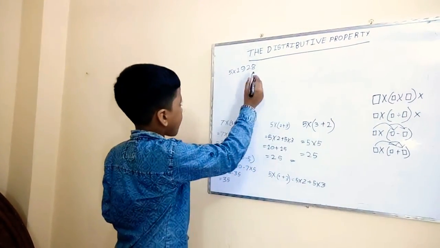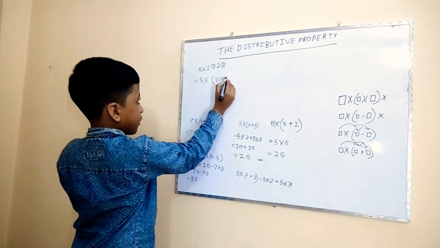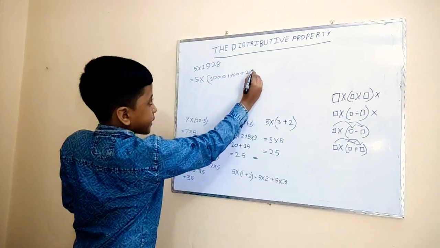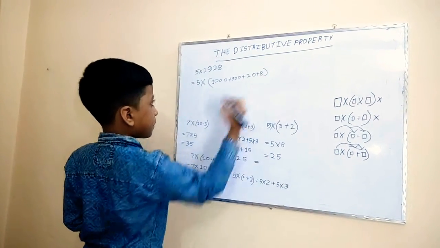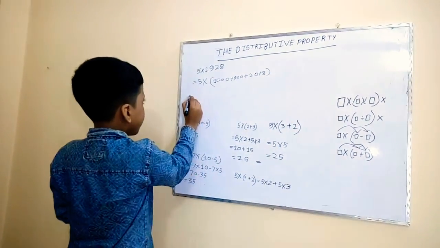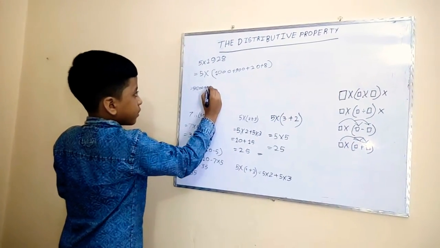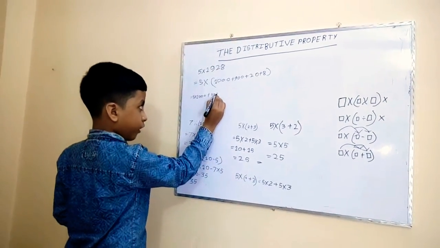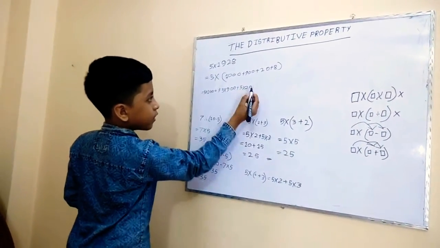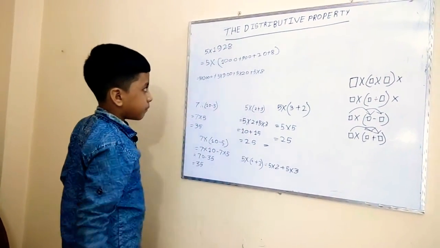So 5 times 1928 is the same as 5 times the group 1000 plus 900 plus 20 plus 8. And distributing the factor gives me this: 5 times 1000 plus 5 times 900 plus 5 times 20 plus 5 times 8.